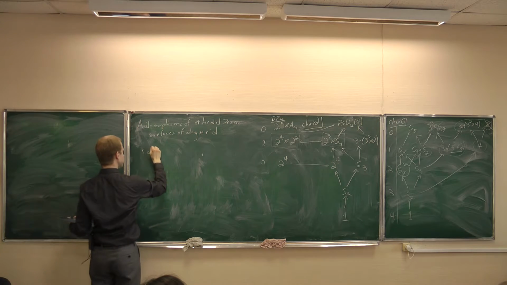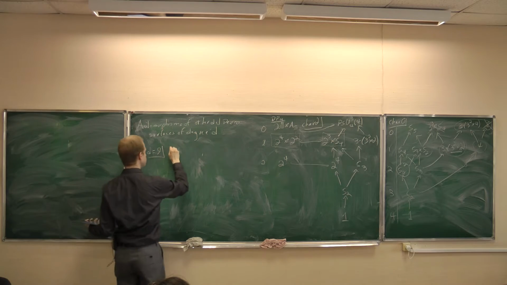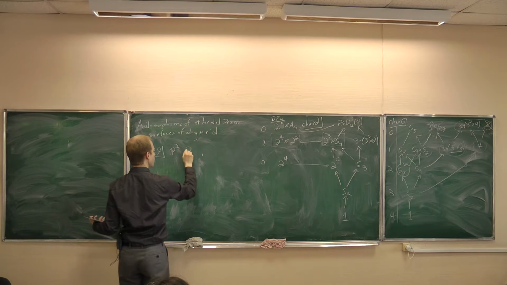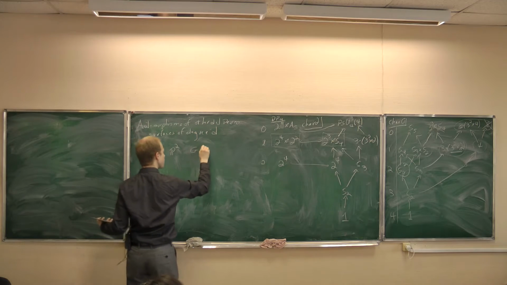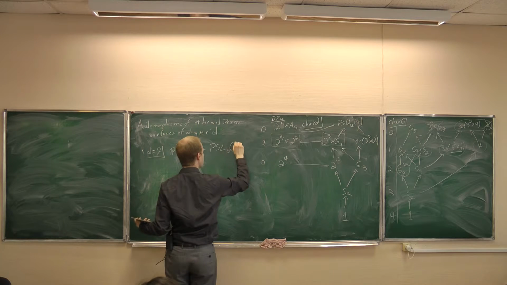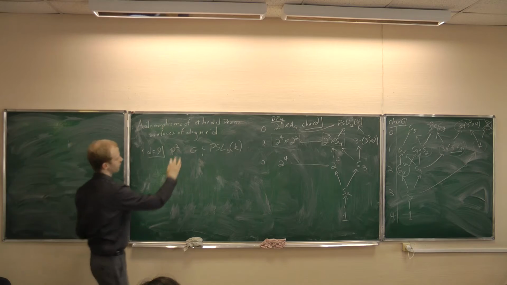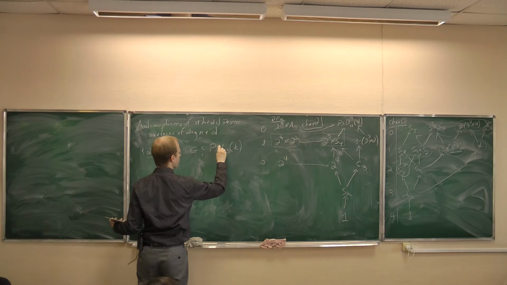So what else do you get? For 9, you just have P2. So your G just has to sit inside the automorphism group of P2, whatever your algebraically closed field is. Oh, I should say PGL3, I suppose.